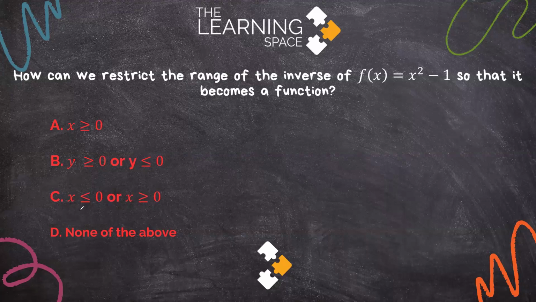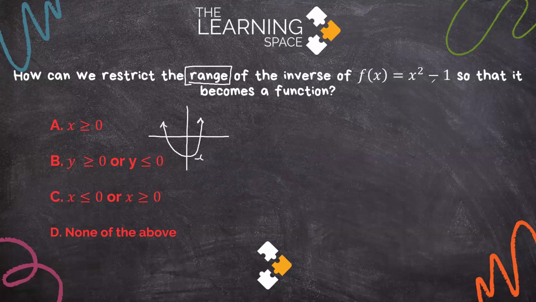How can we restrict the range? Okay, very important. This is what needs to be restricted: the range of the inverse of f. So remember, let's look at f of x first. We know it's a parabola, something like that. Oh, minus one, sorry, there we go.